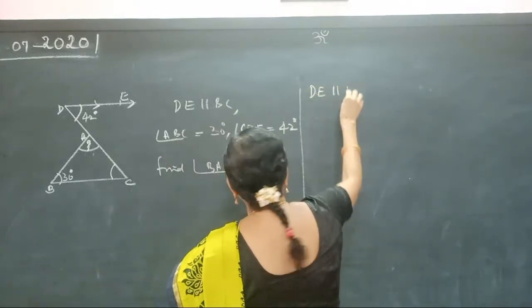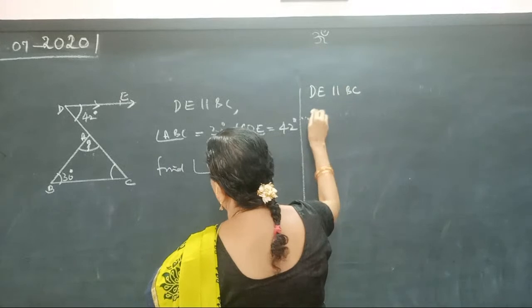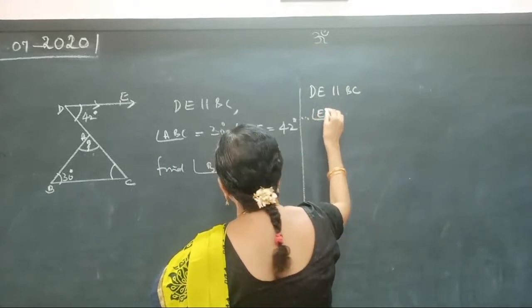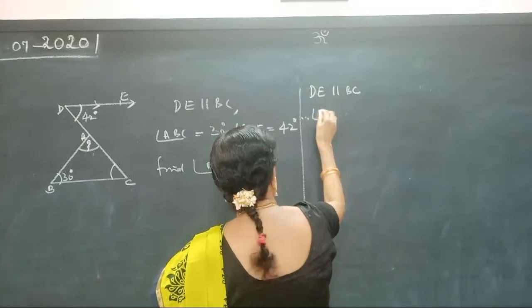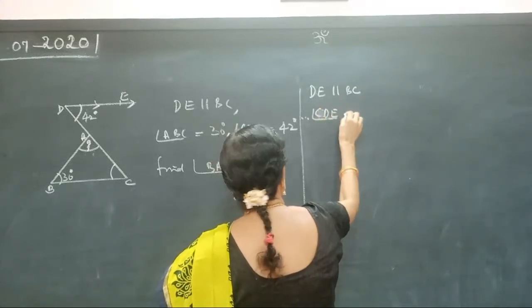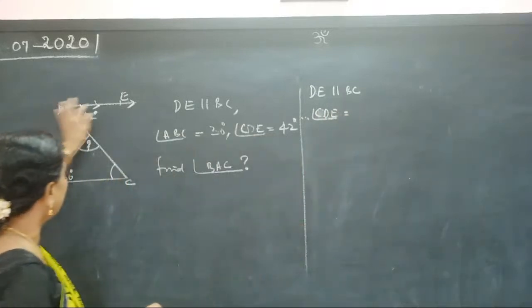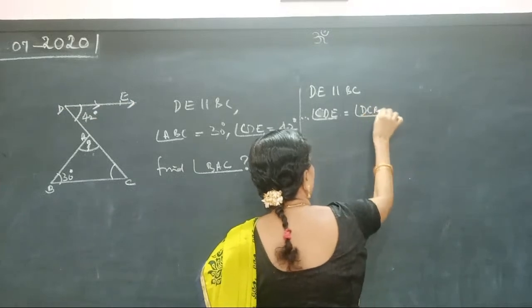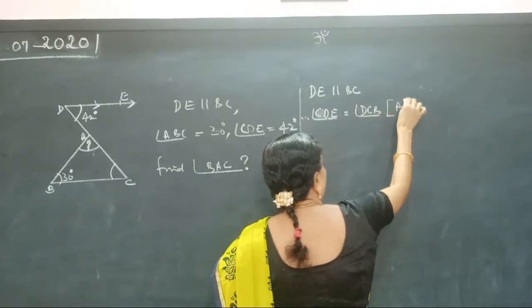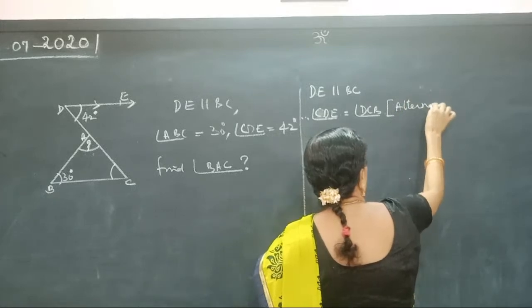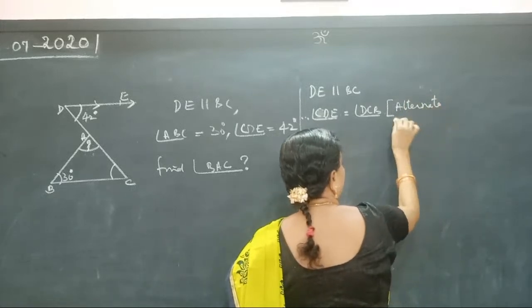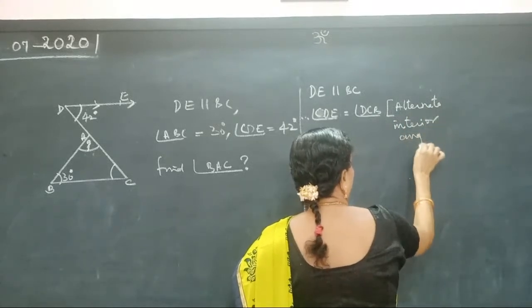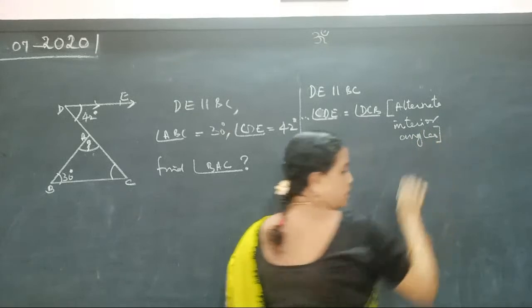DE is parallel to BC. Therefore, angle CDE equals angle DCB (alternate interior angles).